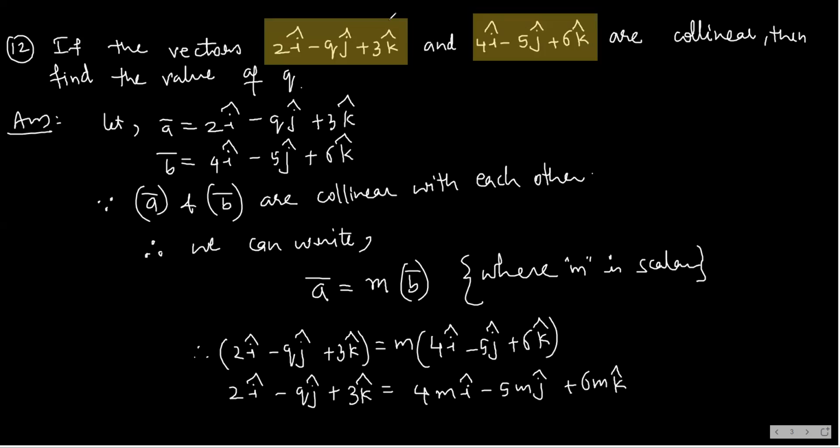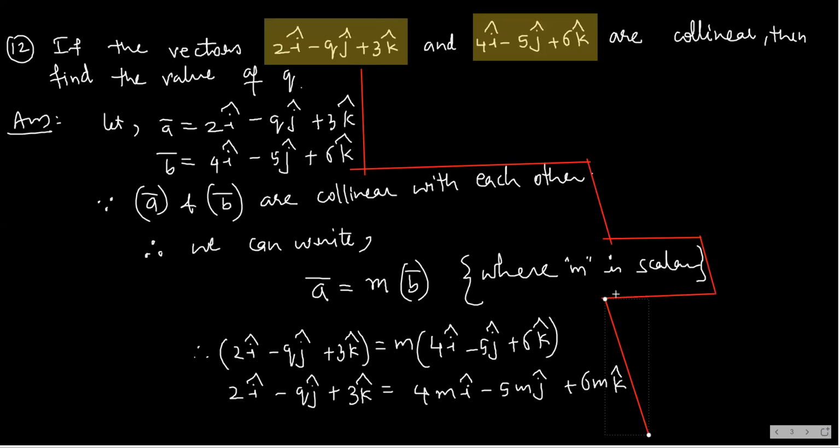Now let me equate the coefficients of I cap, J cap, K cap on two sides of the equation. Okay, so when I equate the coefficients, see what I get.